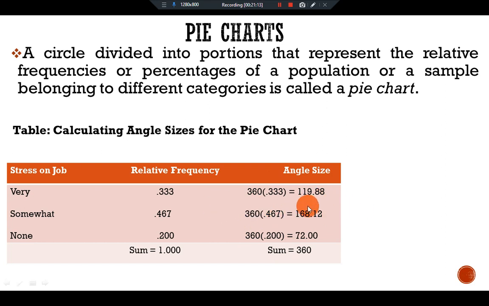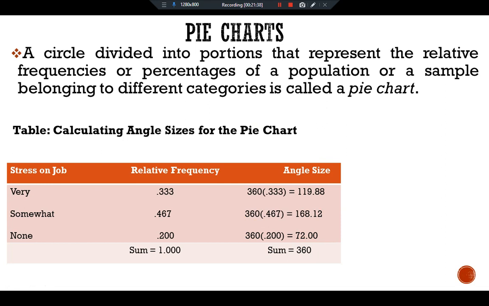The angle size of the first category is 119.88, the second category is 168.12, and the third category is 72.00.